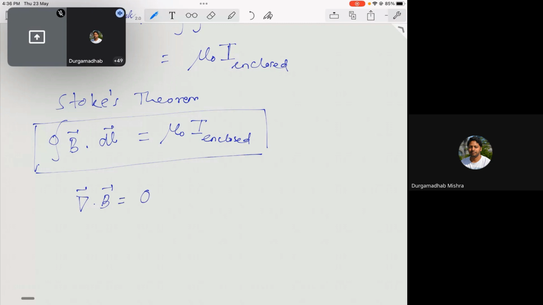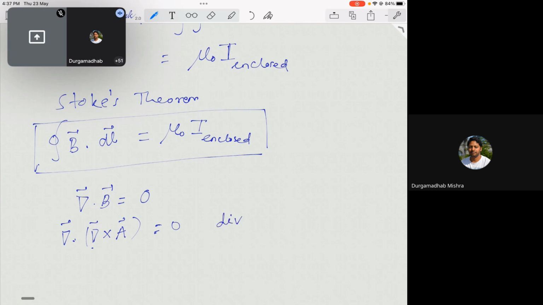since we have del dot B is 0, so we know that the divergence of the curl of a vector is always 0. Okay, so if I take a curl of any vector and take the divergence of that, this is always 0.